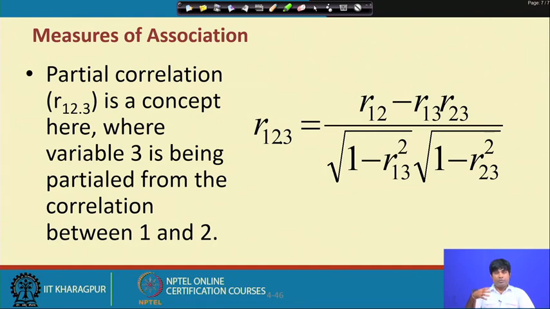If it is a multivariate structure, correlation can still be used. Whatever correlation matrix we have already discussed is actually a matrix of 6 variables, but ultimately the reporting is 1 to 1 only. That means variable 1 with variable 2, variable 1 with variable 3, variable 1 with variable 4, variable 1 with variable 5, variable 1 with variable 6, and so on.